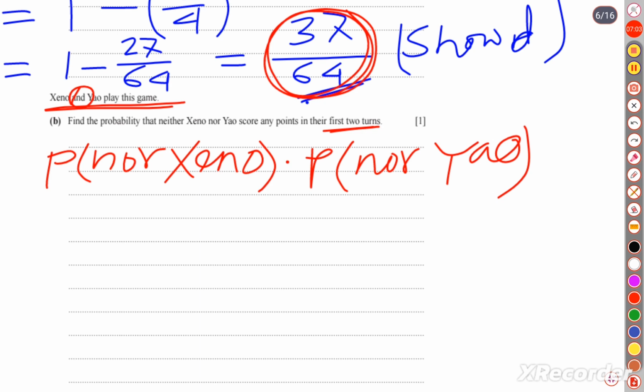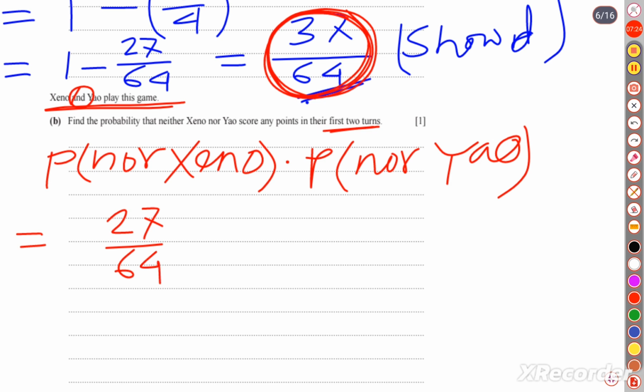Well, not Zeno. For success, their probability of success is 37 over 64, but here it is failure. So failure is going to be 27 over 64. But how many times did he fail? Two times.